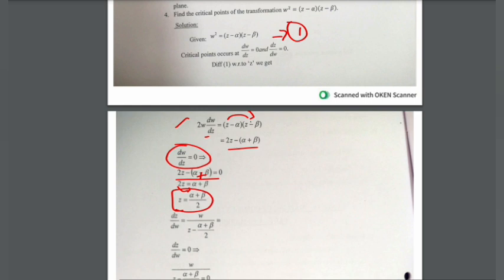Now dz by dw assumes the value reciprocal of the given term, that is 2w divided by z minus alpha plus beta by 2. Now I am taking dz by dw as 0. So the right hand side will become 0.